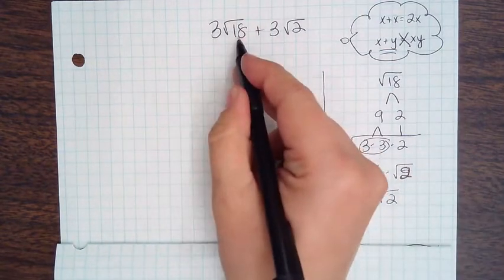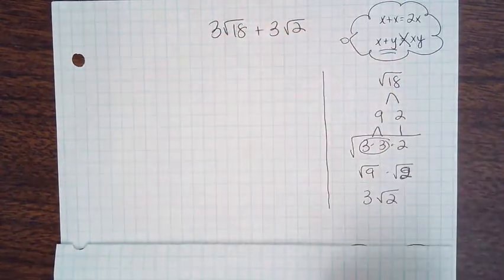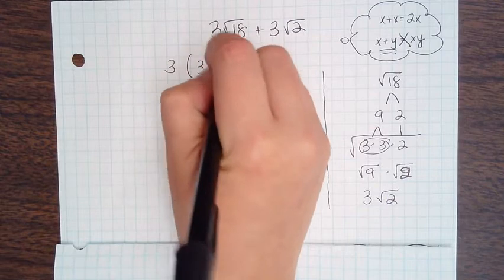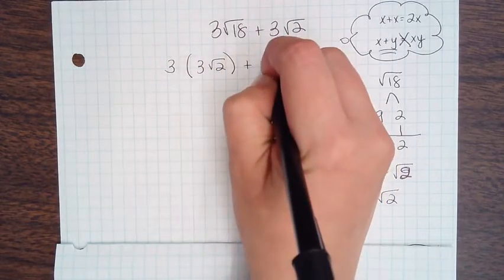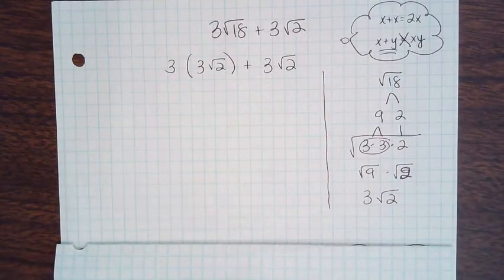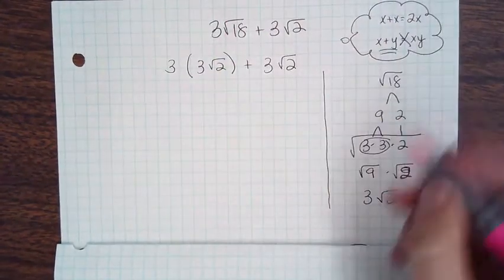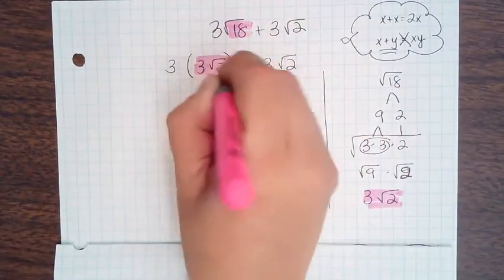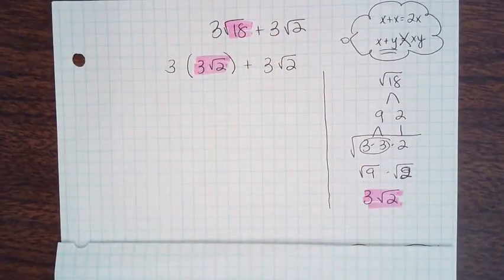Okay, so now what I'm going to do is sub that in right there. So 3 root 2 plus 3 root 2. And remember, if you're wondering where did all that come from, this is the same as saying this. So we can plug those in.